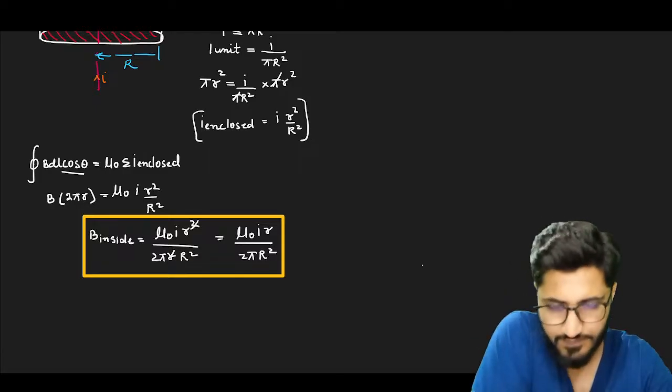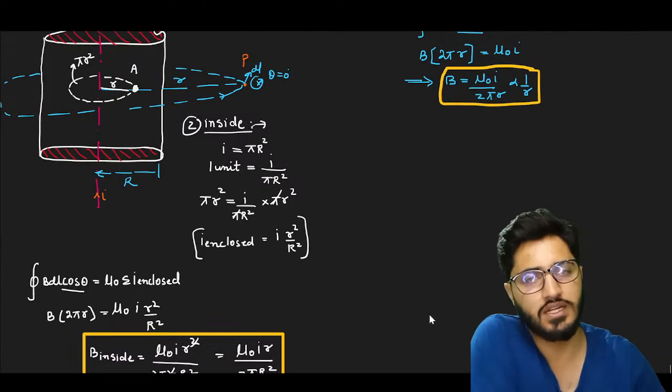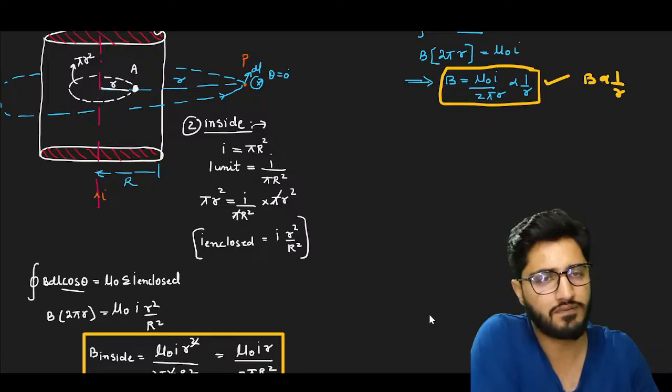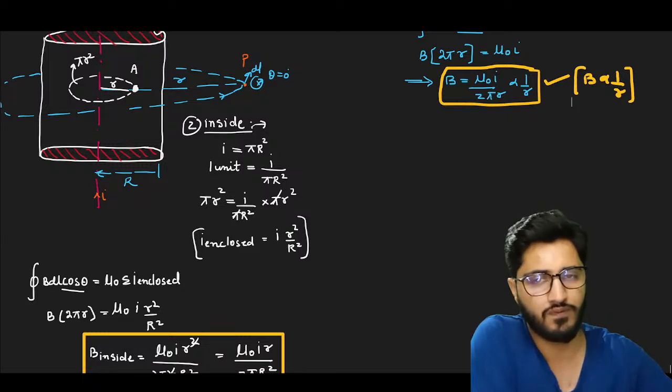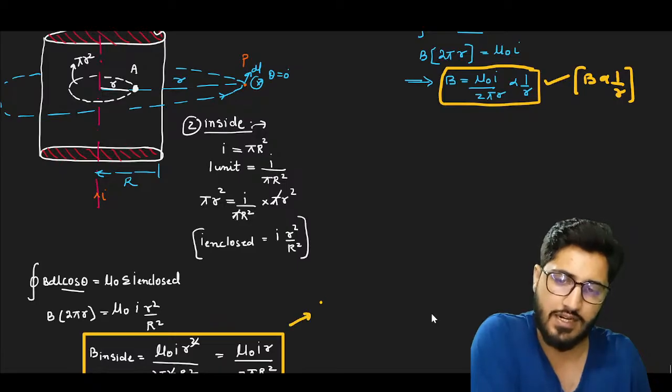Now you can see here, if we are outside, it varies inversely. You can write B is inversely proportional to 1 by r. This one is outside. If we talk about the inside one, you can see that my magnetic field is proportional to r.